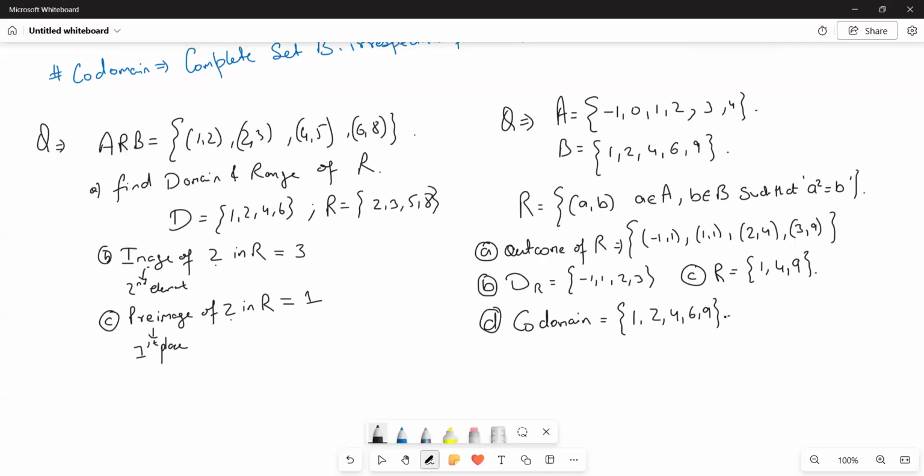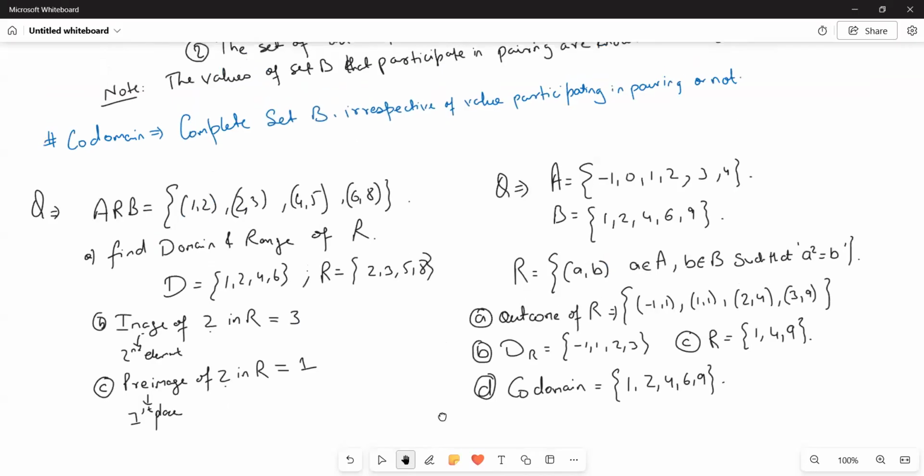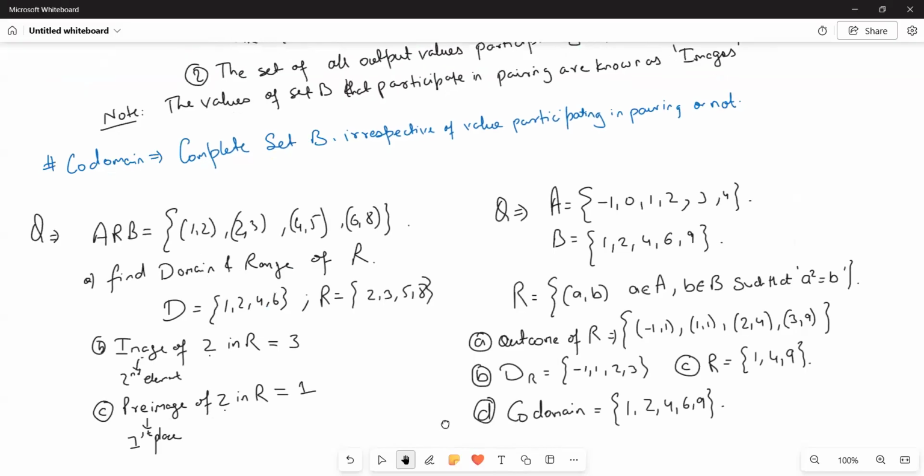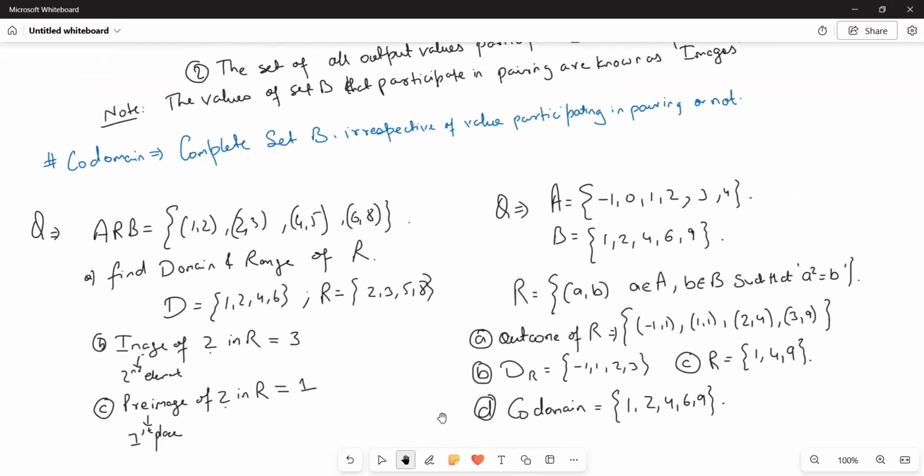सर तो रेंज कोडोमेन का सबसेट हो गया क्या? Range will always be a subset of codomain. That's a good point that you raise. ठीक है, यहाँ पे you can actually add a note that the range of any relation will always be a subset of its codomain.